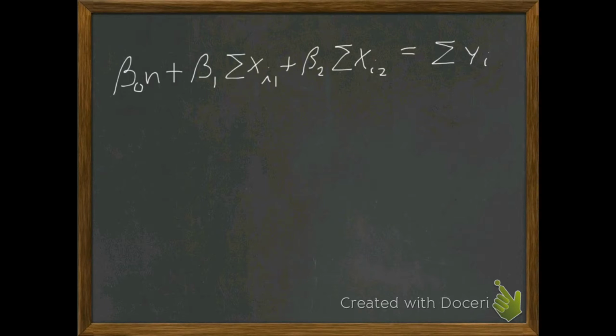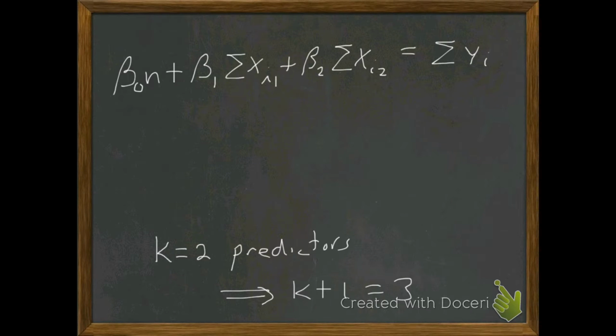All right, the next one would look like, now again, let's think. I'm going to erase this. We have k equal 2 predictors, so we're expecting k plus 1 normals, and that's exactly what we're going to get.